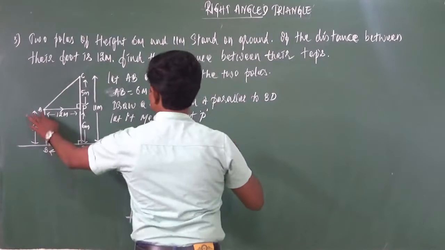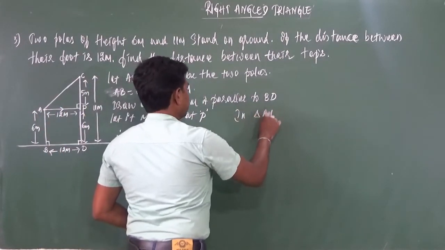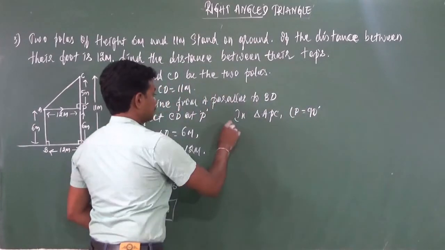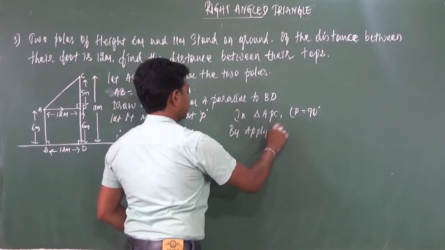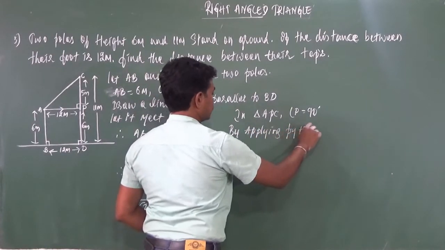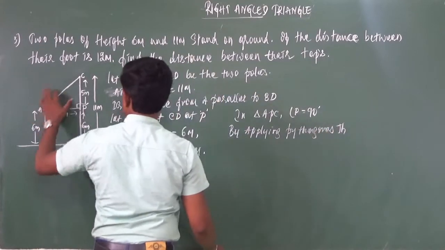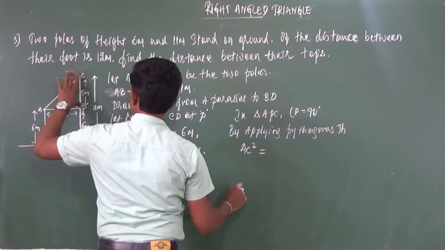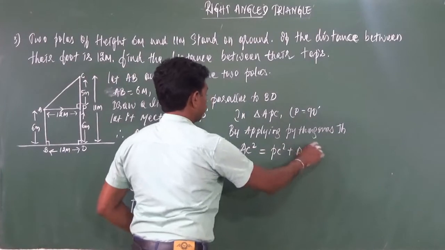In triangle APC, angle P is equal to 90 degrees. So by applying Pythagoras theorem, AC square is equal to PC square plus AP square.